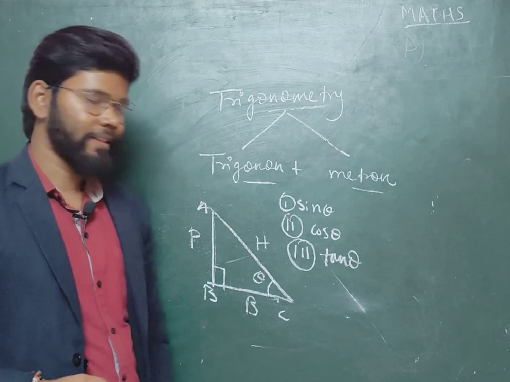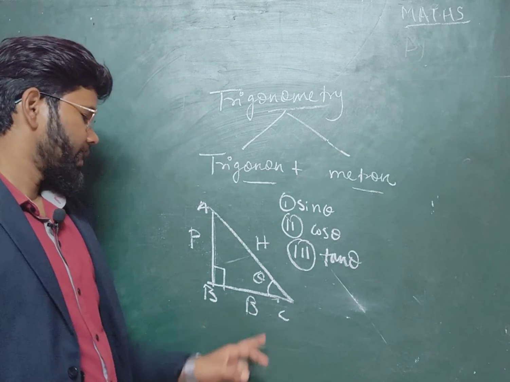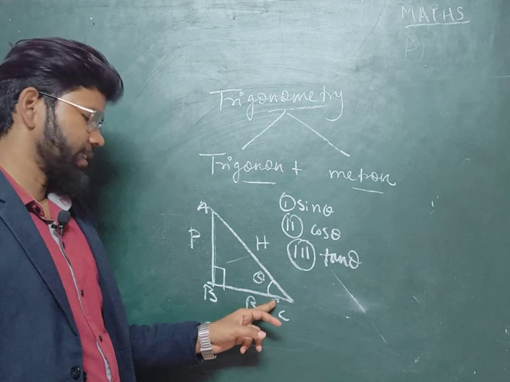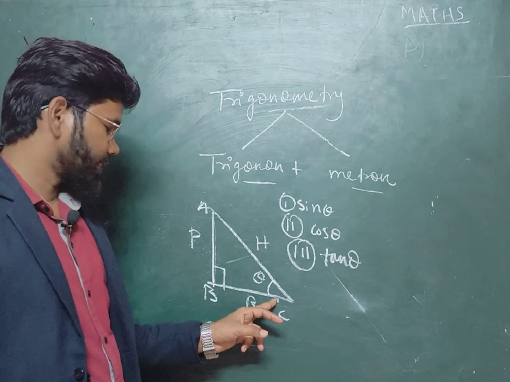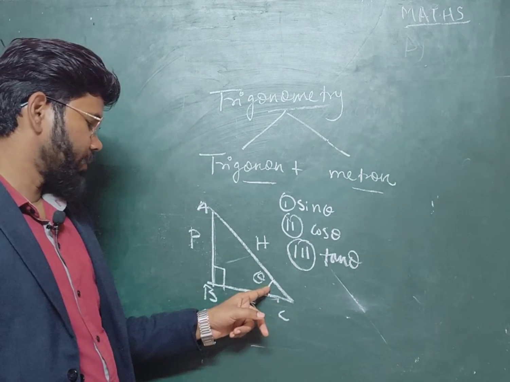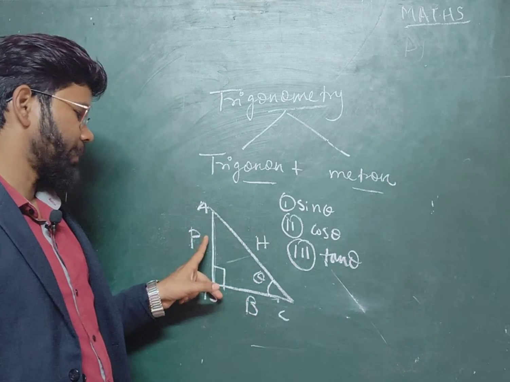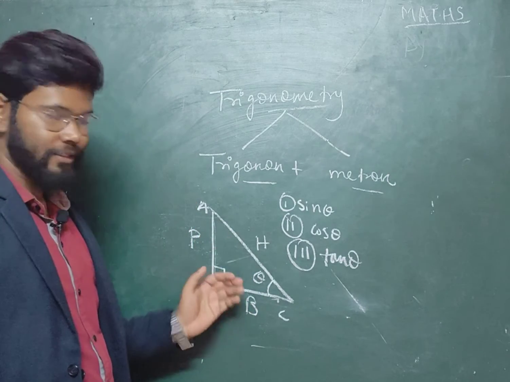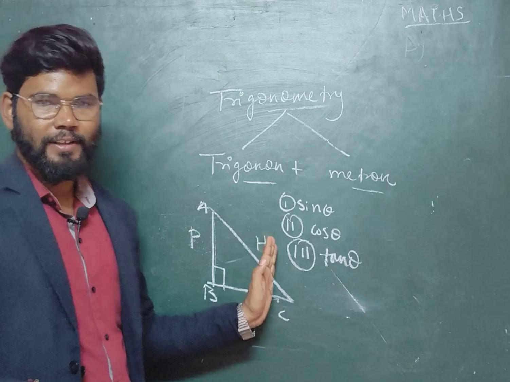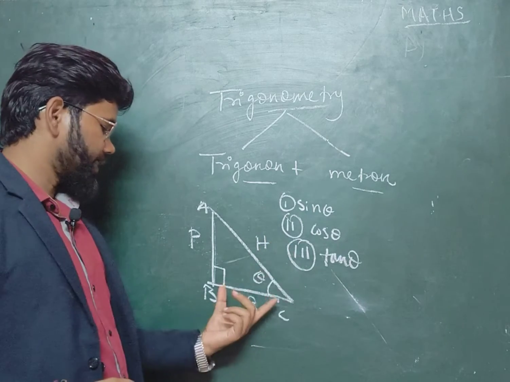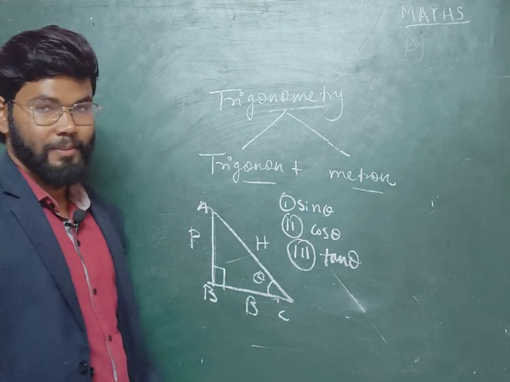One more important thing: suppose theta lies at angle C. Then the side corresponding to that theta is termed the perpendicular, the side opposite the 90 degree is the hypotenuse, and the rest is termed the base.